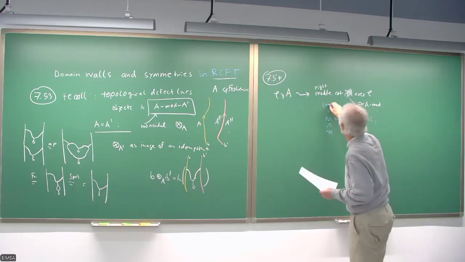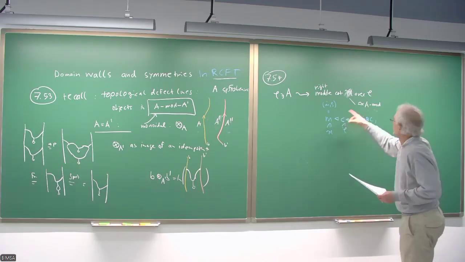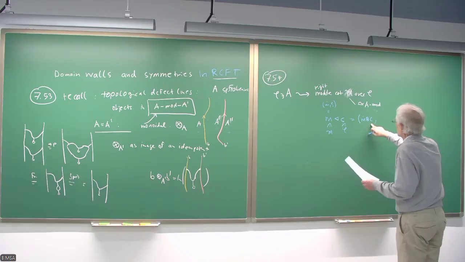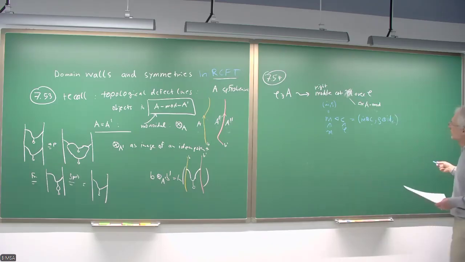So then rho dot m as an object in A-mod, and then I have this action by taking the tensor product and then just rho times the identity, and then you can check this is naturally again an A module.